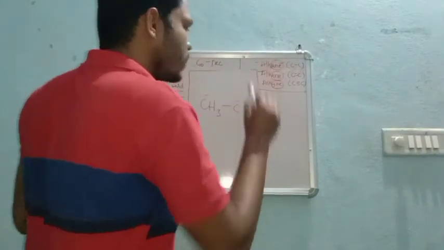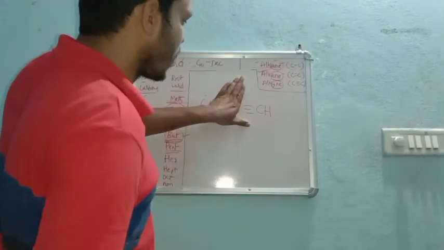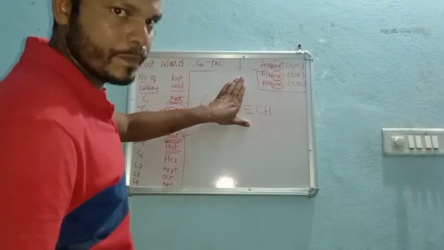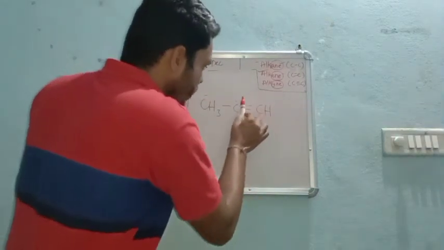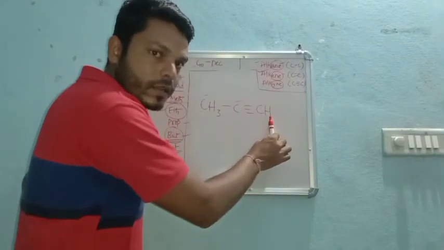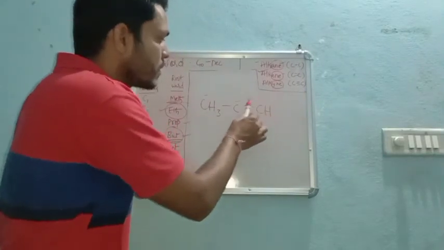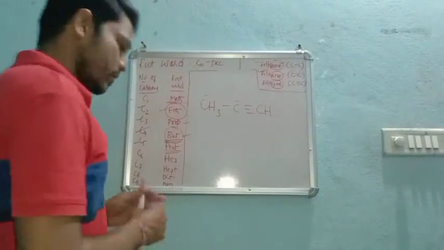This is also very well satisfied. Now coming to the last carbon atom, 3 bonds plus 1 bond in the form of hydrogen, so this carbon atom is also satisfied.